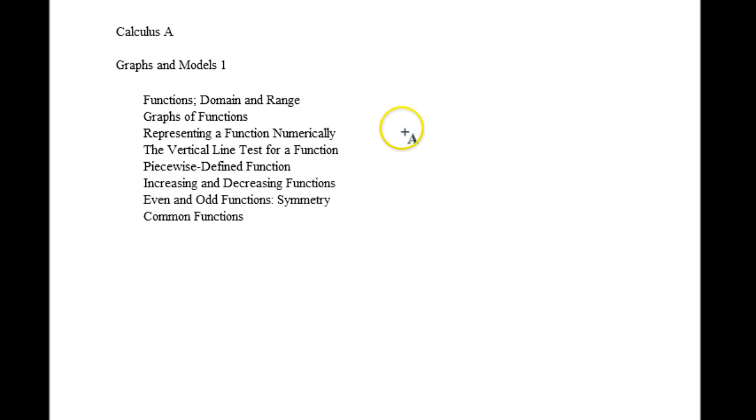So for example, if we're looking at y equals the square root of x minus 2, you should be able to understand that this is a square root function.